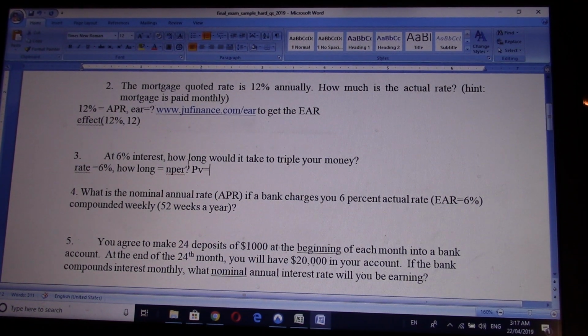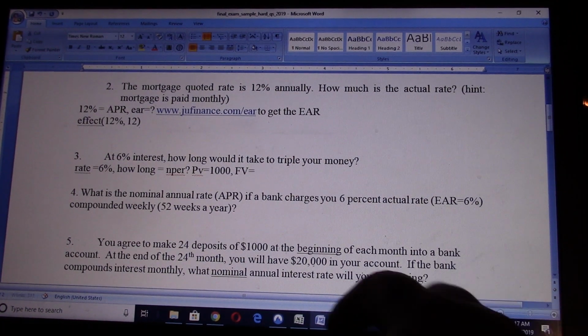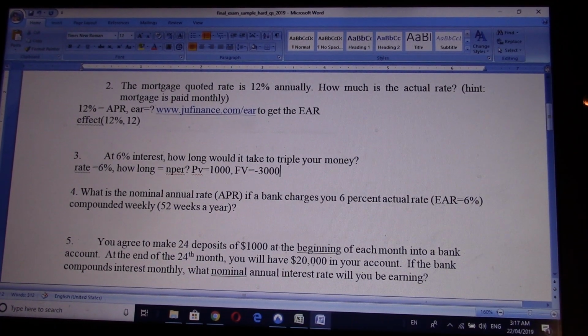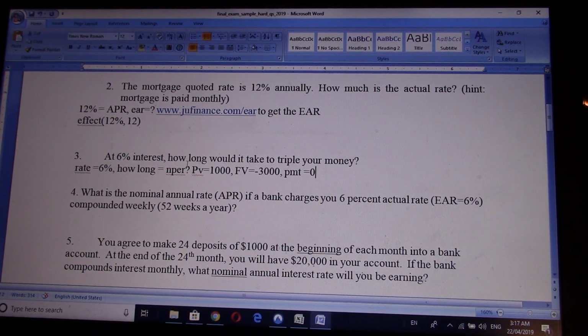For example, you invested $1,000 initially, and future value should be negative 3,000 because you tripled it. How long does it take for you to get $3,000 back? So you see, PMT in this question is 0. So you can use these inputs to figure out how much nper is.